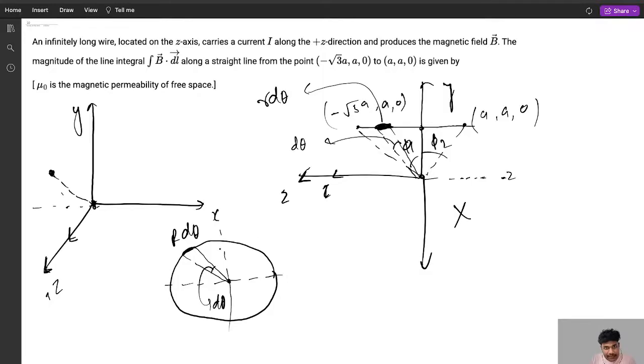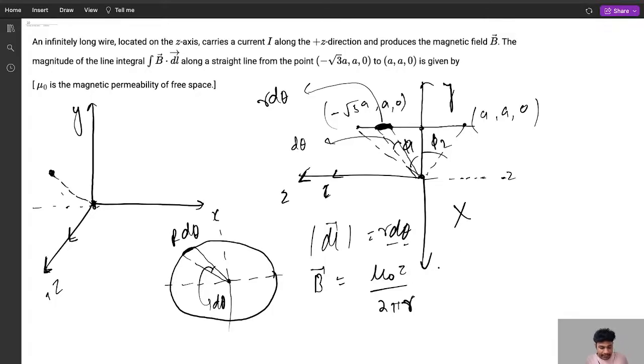So I take similarly a small element, that is r d theta, at a distance r from the center. So our small dl element is equal to r d theta. The magnitude of our field is B equal to mu naught I upon 2 pi r. Now, okay.